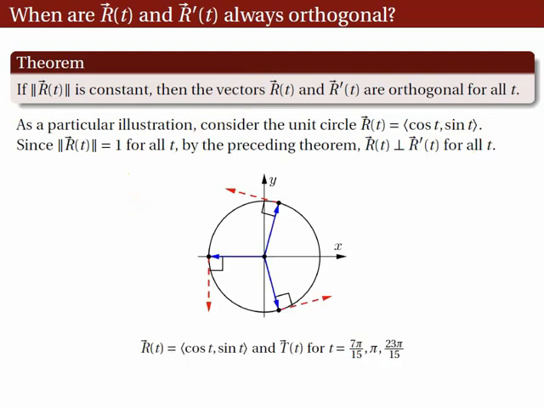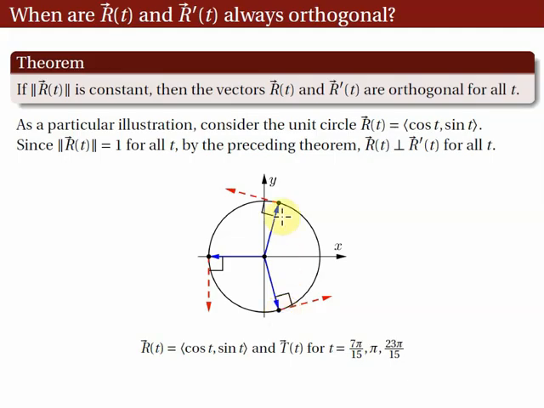So here's the illustration. The graph of r is a unit circle and it is directed counterclockwise. The blue arrows that you can see in this picture are the position representation of the vector r of t for these t values. So t equals 7 pi over 15. This is r of pi, and this is r of 23 pi over 15.